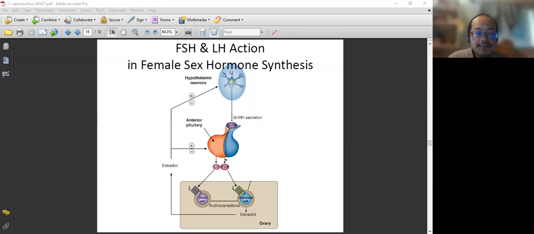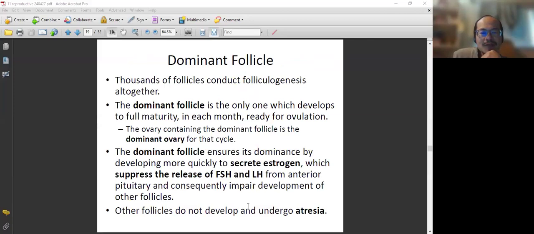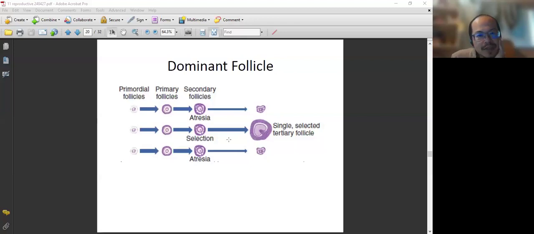So only one will survive. So you girls are tough ones, right? You survive to the end. The other ones will die. We call it atresia; basically, they just degrade. And then that one will get ovulated. So picture thousands of primordial follicles growing, but at the end only one will survive. This one is called the dominant follicle. That's the queen of the queens.